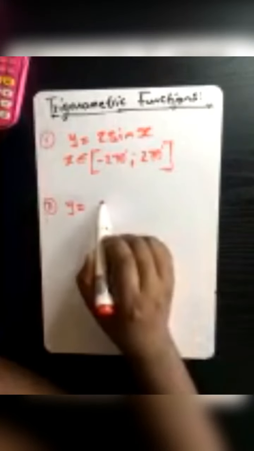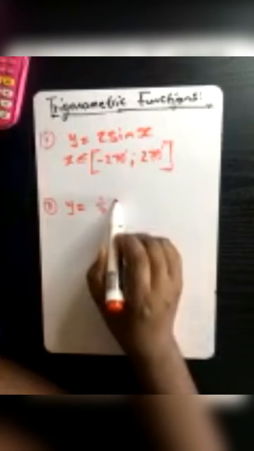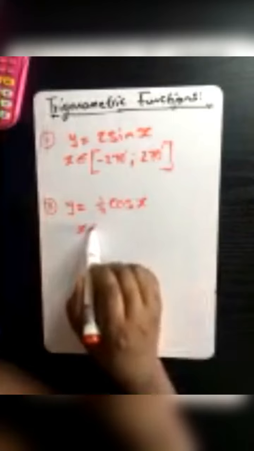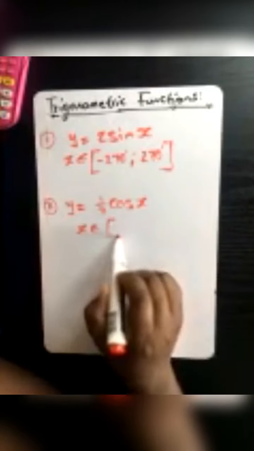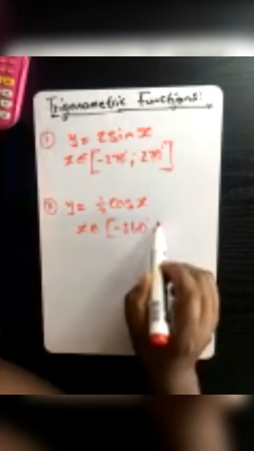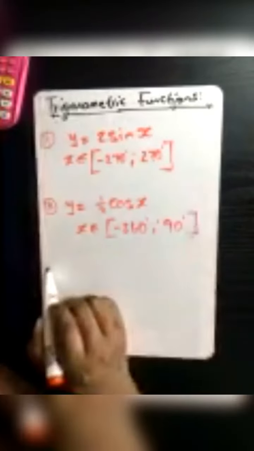Number two: sketch the function y equals half of cos x, where x is an element of negative 360 degrees and positive 90 degrees.